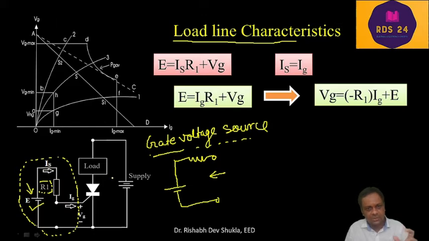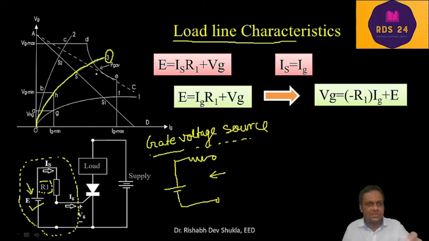So we have to draw the load line first, then we have to see where our operating point lies. What is the significance of the load line here? We have to find the intersection of the characteristics, which lies between curve 1 and curve 2. This is curve 3.